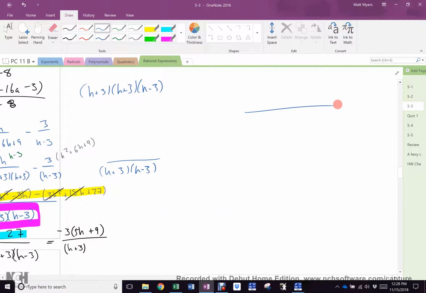But I'll make it easy. I'll make it less to see. So if I have 6x plus 3 over x squared y, all right? I need, on the bottom here, x times x squared y, right? If I multiply them together, I'm good, yeah?